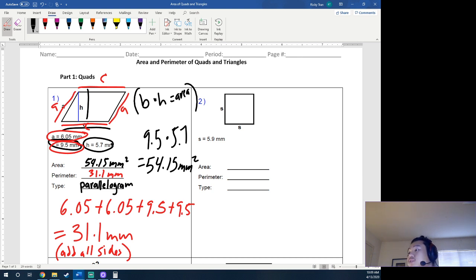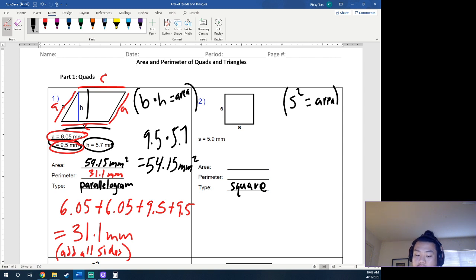Number 2 is actually a square. Oh, how easy. You guys remember how to find the area of a square? Now the area of a square is just the side squared.